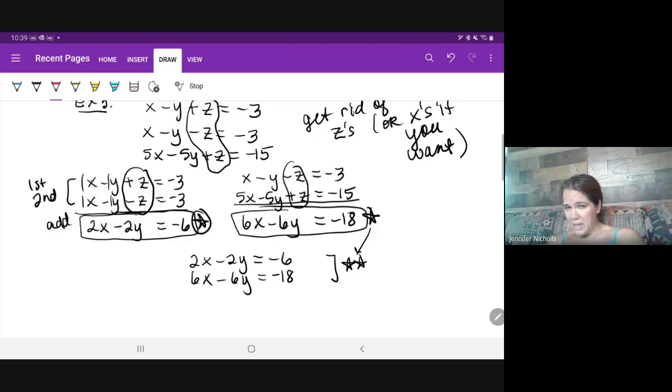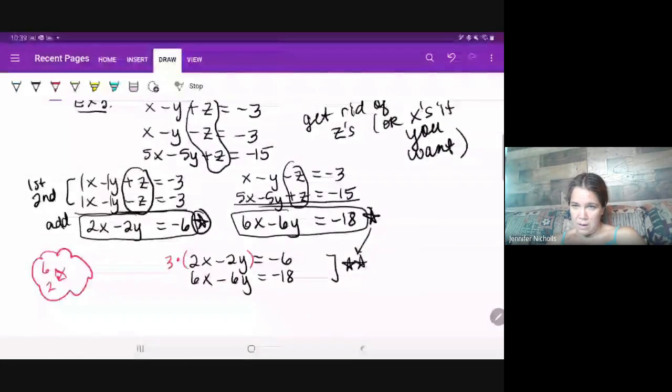Do you want to multiply the top row by 6? Because you can do the 6, 2 thing. Or what else? Top by 3? Okay. And I do tend to like to write it to the right.